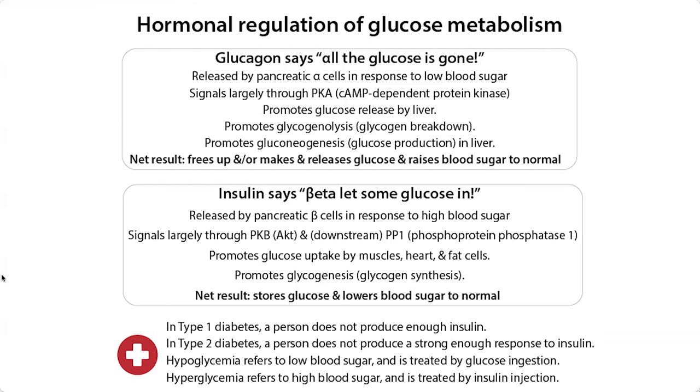How much you inject depends on how high your blood sugar is, and the monitors often calculate how much you need. A lot of people have continuous monitors that measure the glucose in your bloodstream all the time and then correct it by injecting insulin as needed.